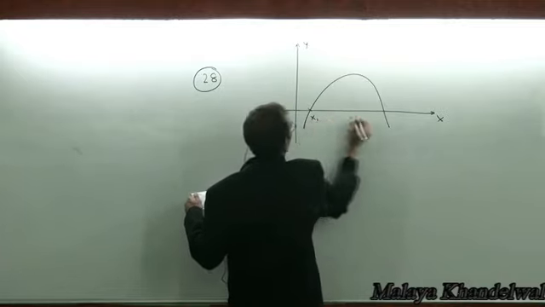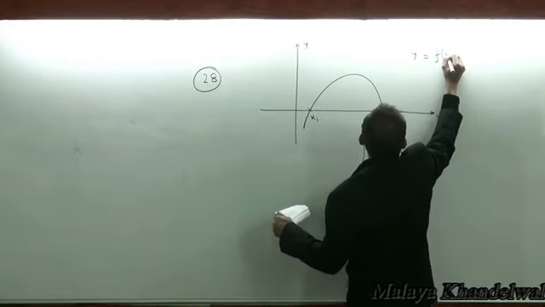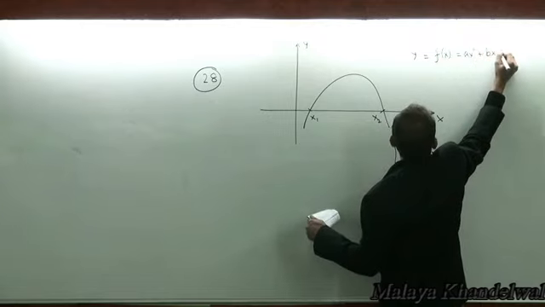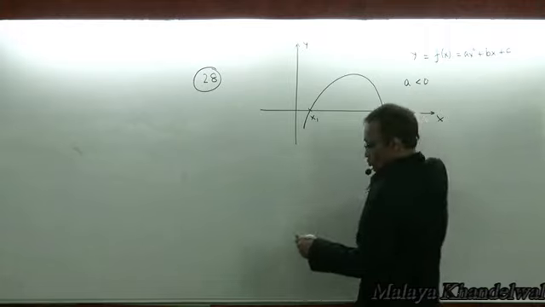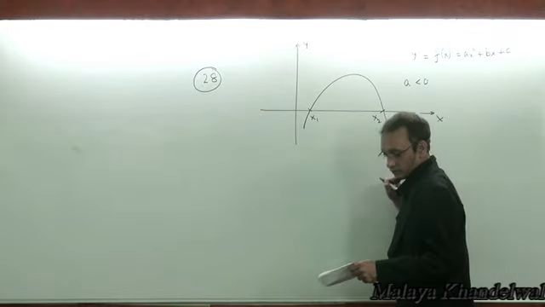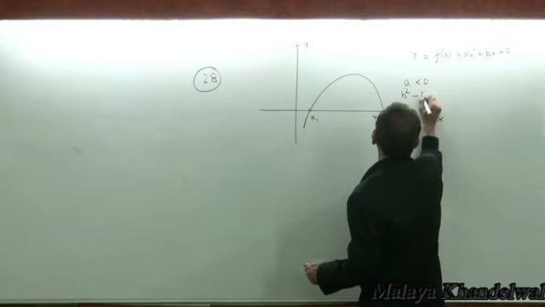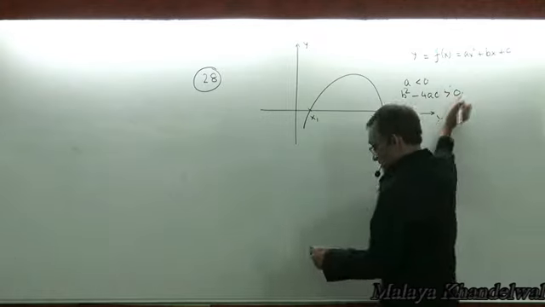The roots of a quadratic x1, x2, y equal to f(x) equal to ax squared plus bx plus c. This is a quadratic. Very clearly a is less than 0. So option A is right. Right? Real roots, discriminant is greater than 0. Real and distinct roots. B squared minus 4ac greater than 0.